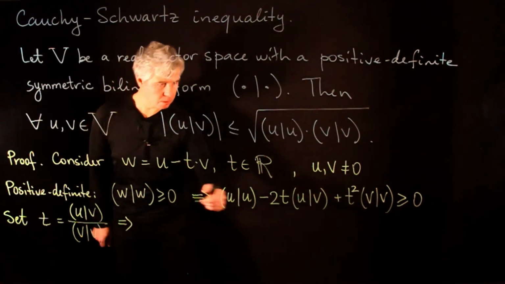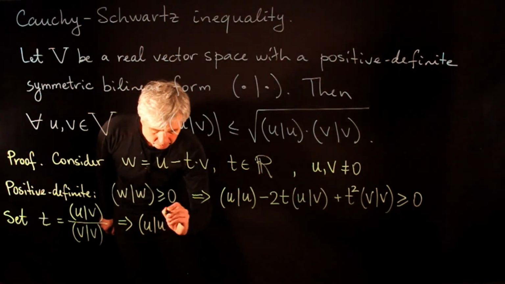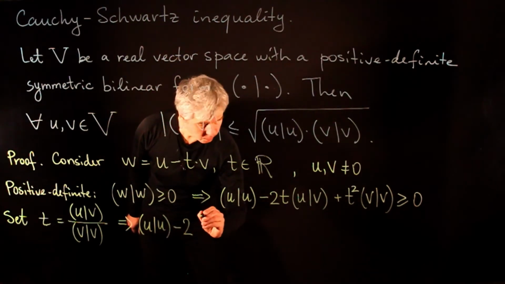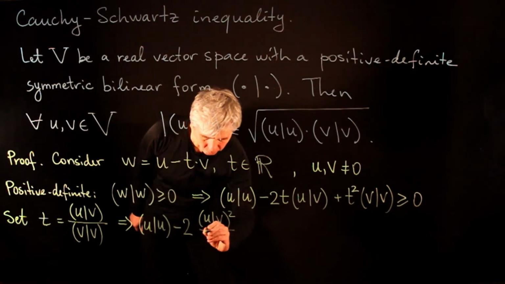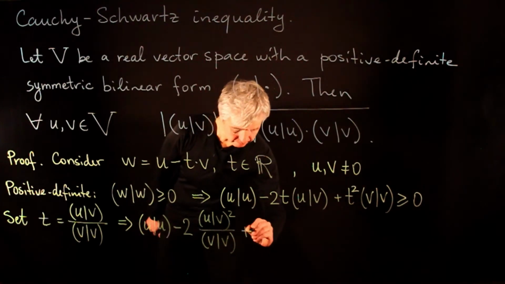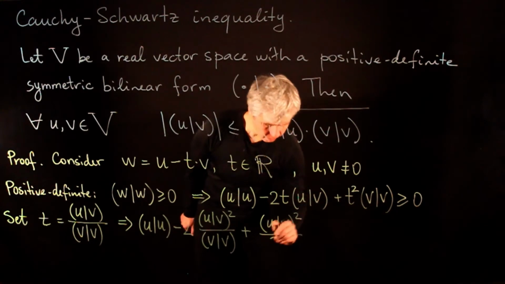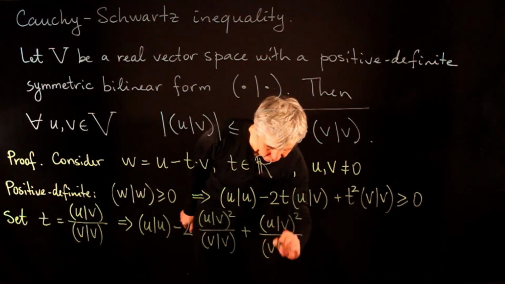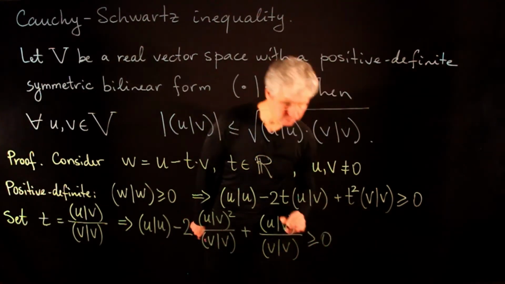Then this inequality becomes (u, u) minus 2 times (u, v) squared over (v, v) plus (u, v) squared, and one (v, v) in the denominator will cancel, over (v, v), is greater or equal to 0.